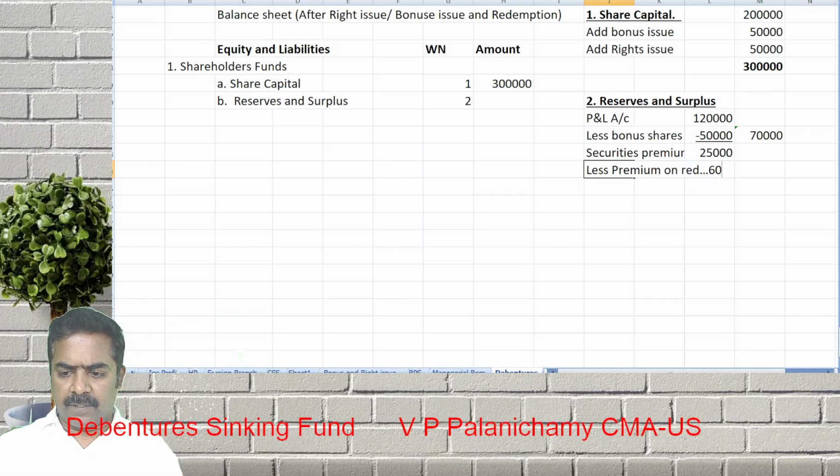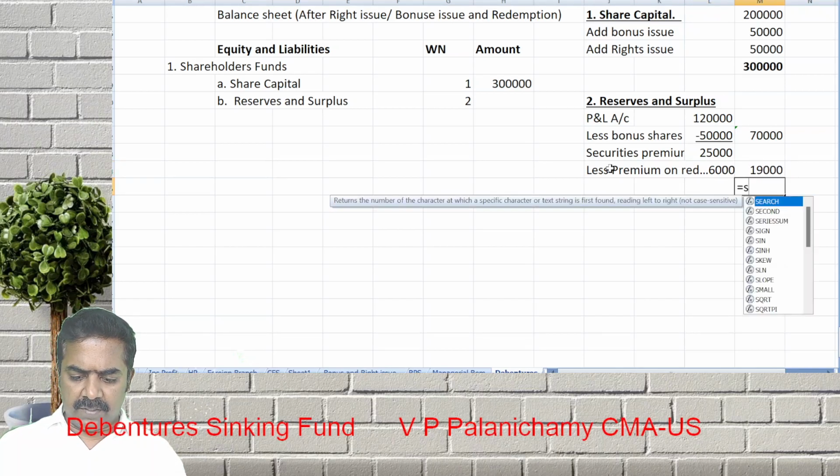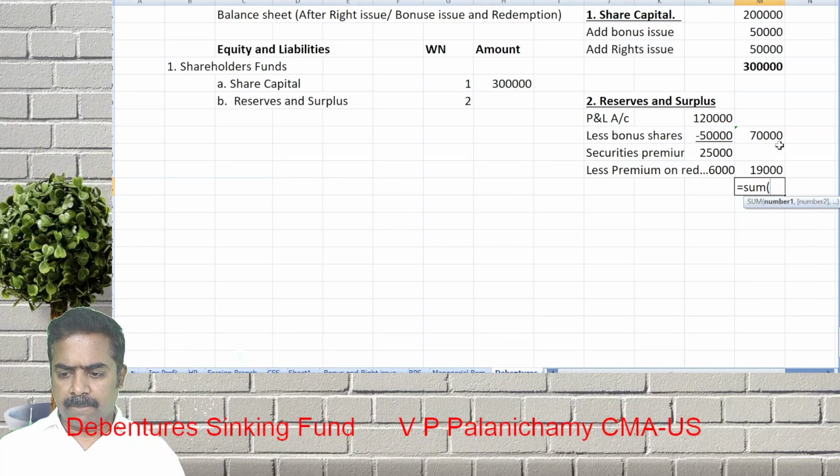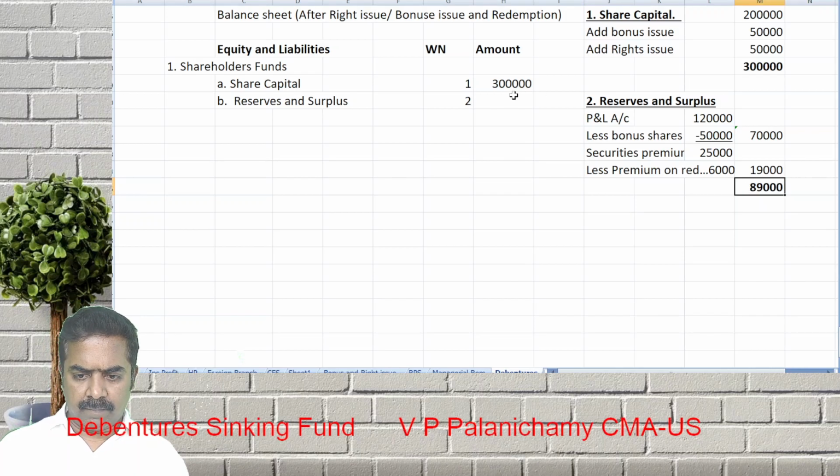How much premium on redemption have we adjusted? 6,000. Less 6,000 gives 19,000. So reserves and surplus is this much: 89,000.